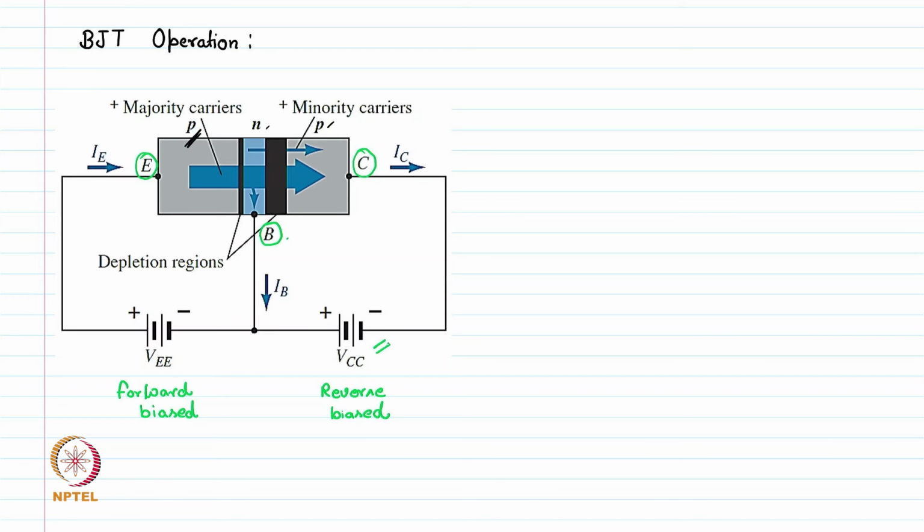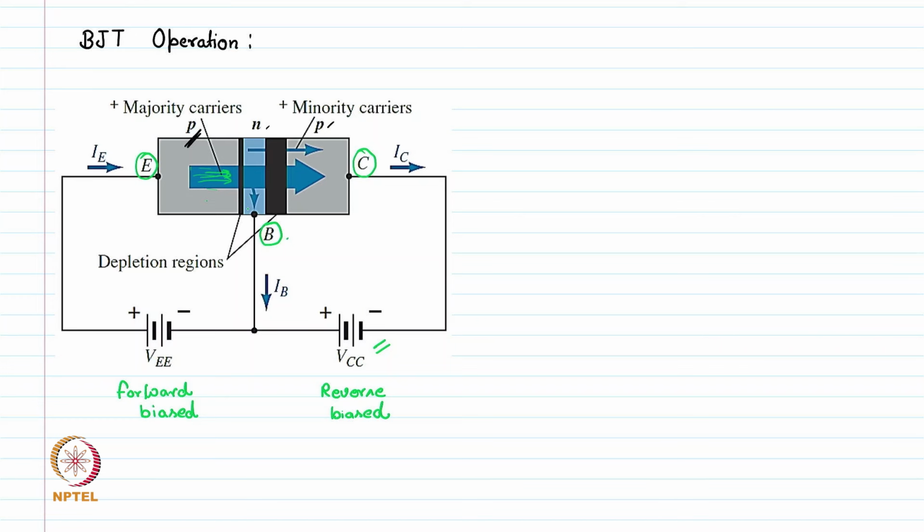Here we use VCC in such a way that this junction is reverse biased. So, when the emitter and base junction is forward biased, there will be a current flow just like a normal diode. We see by the magnitude of this arrow that there are so many charge carriers flowing from the emitter to the base.